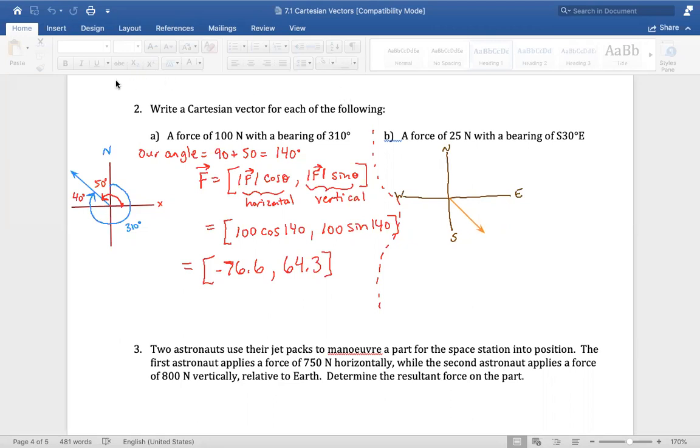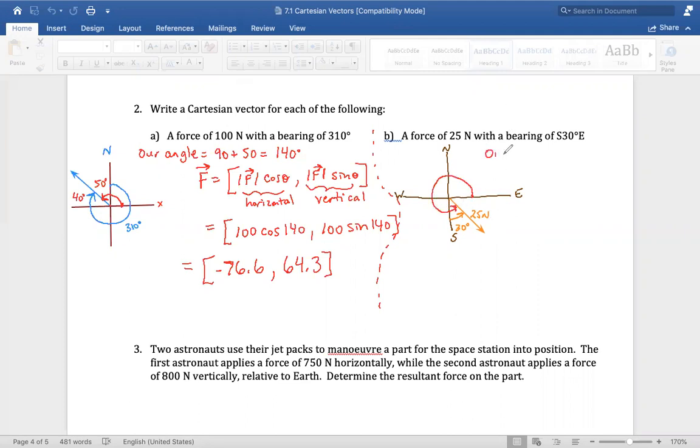So I need to draw in the angle that they gave us. The angle they gave us was starting south and going in the east direction 30 degrees. Is that the angle that I want to use though? And that's a force of 25 newtons, I should say. But the angle that I want, be careful, is starting east, starting on the positive x-axis and moving counterclockwise all the way around to there. I have to figure out what that is.